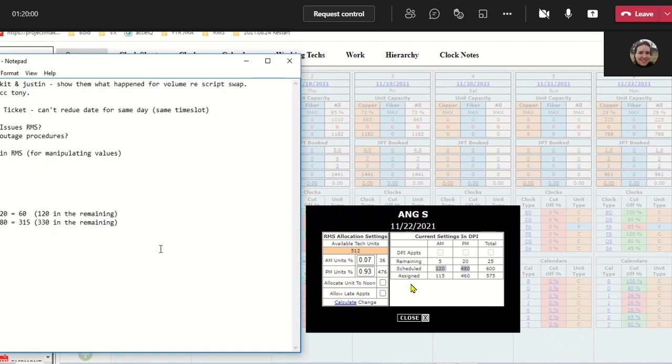Wait a minute. Sorry. So 60. We haven't even gotten to the 60 yet. No, let's discuss the 240. How we get the 240. I don't want to look at this 120. I want to see how we get the 240 there.